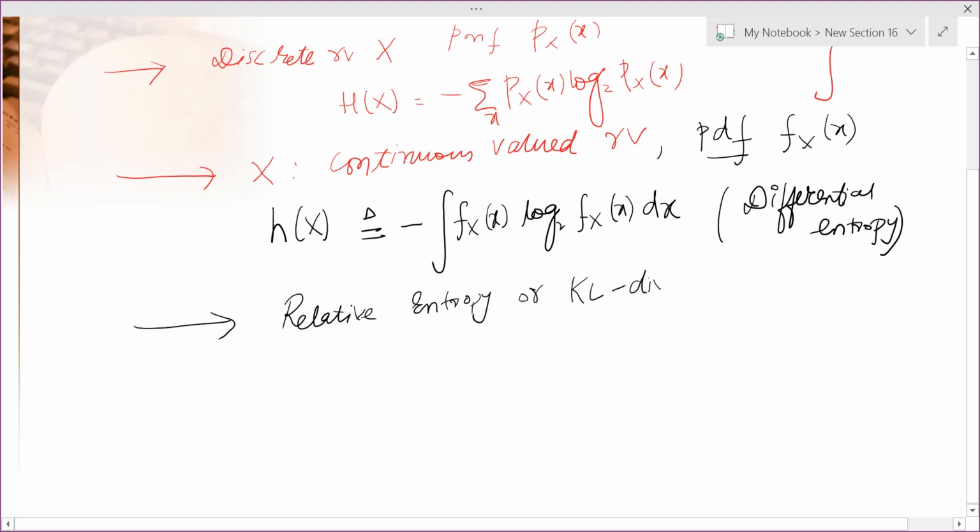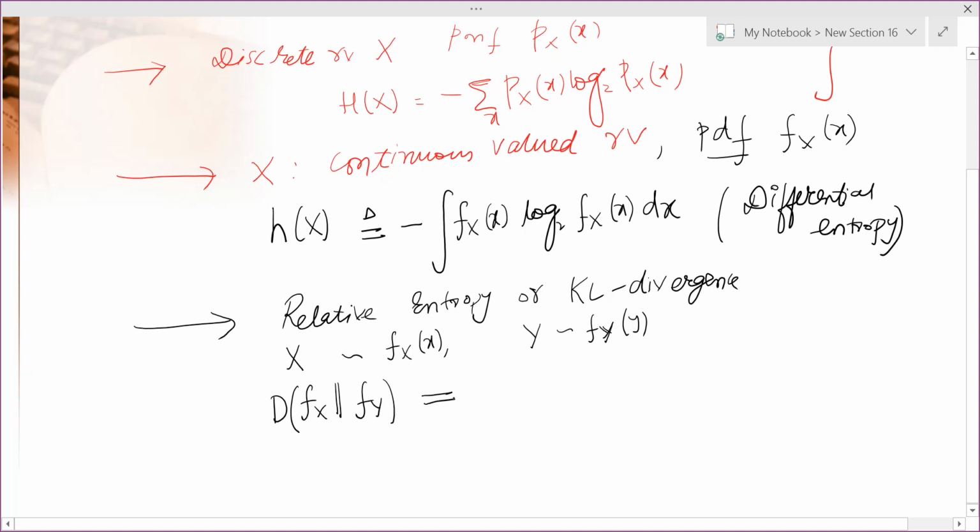I will recall. Suppose you have two random variables, x, which has distribution fx of x, and another random variable y having probability density function fy of y. Then the differential relative entropy, or the divergence between fx and fy, this is the notation.